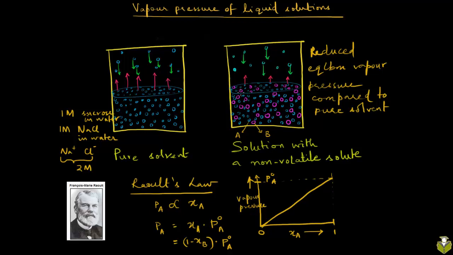Also, the probability of the solute particle being at the surface has to be the same as the probability of the solvent particle being at the surface. So if the solution has to follow Raoult's law, we are operating under a huge set of assumptions.